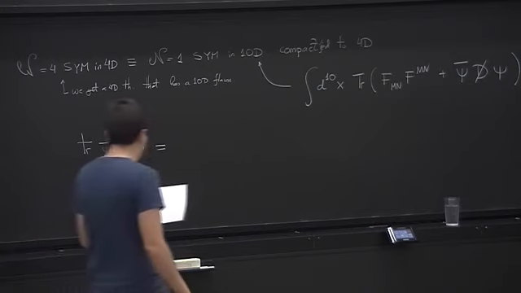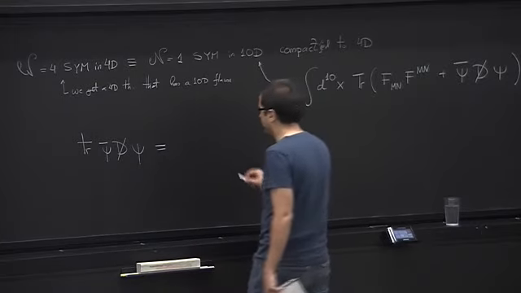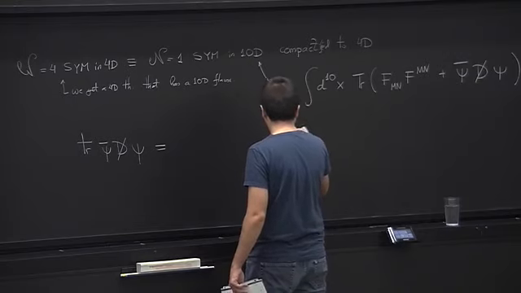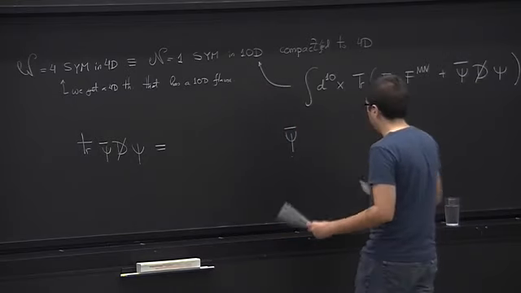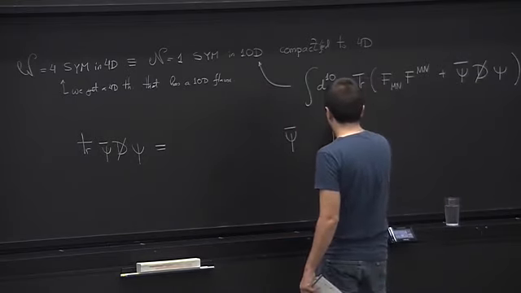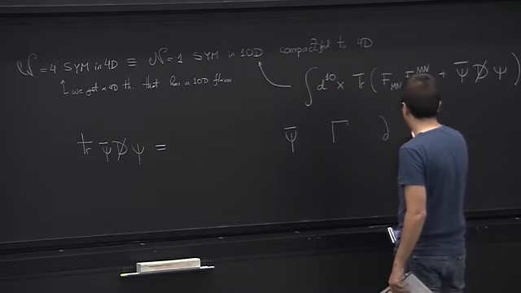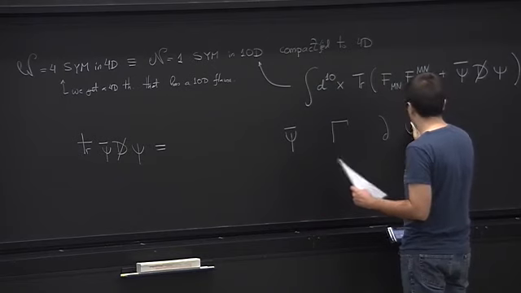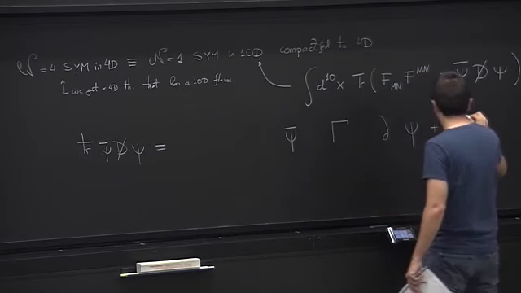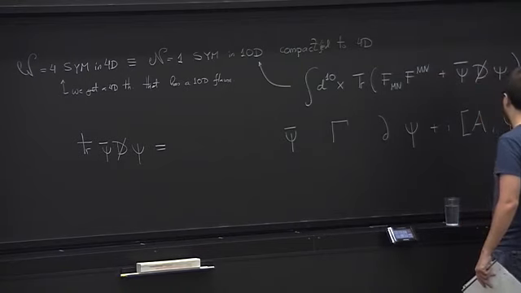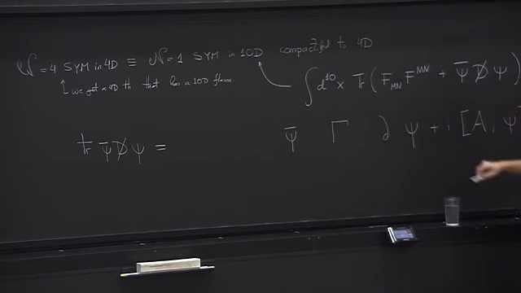What does this mean? This means that we have some psi bar, then we have some gamma matrix, some derivative of psi, plus i, some commutator of the gauge field with psi. Okay?